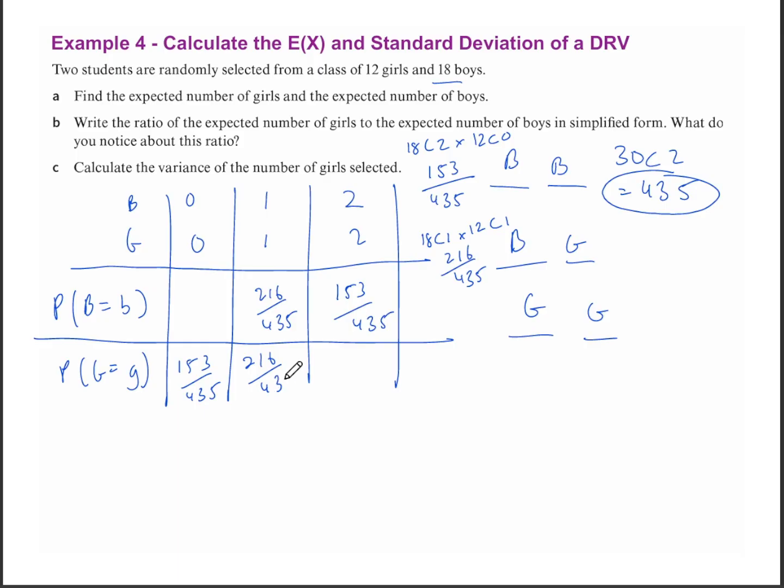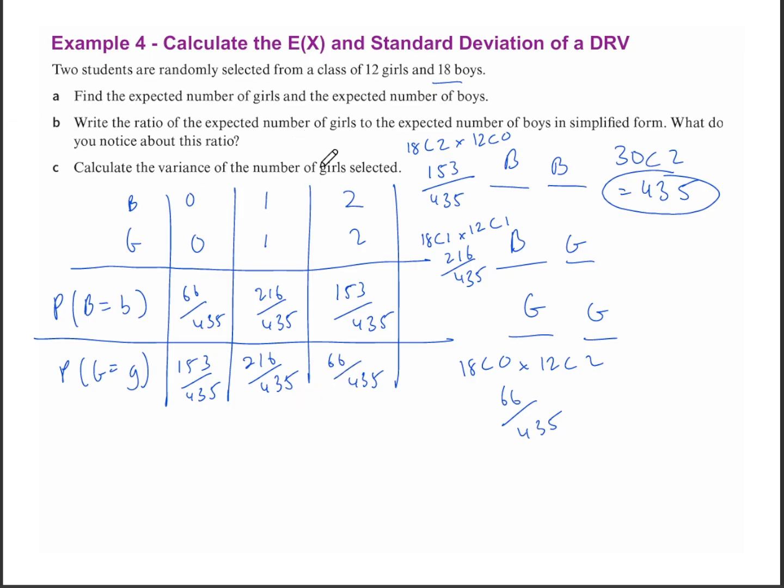And finally, when it comes to 2 girls and 0 boys, we're selecting 0 boys out of 18, so 18C0 times 12C2, because we're selecting 2 girls out of 12. This will give us 66 over 435. So we're going to get 66 over 435 for 0 boys and 66 over 435 for 2 girls.